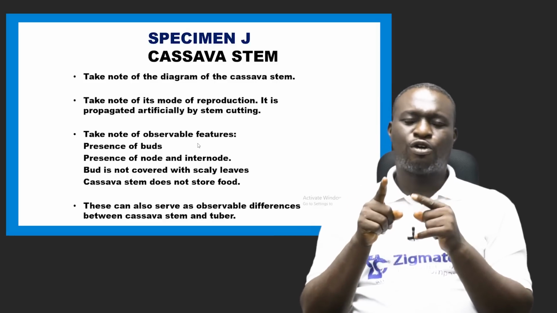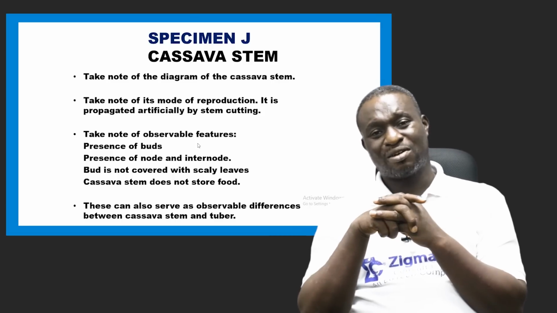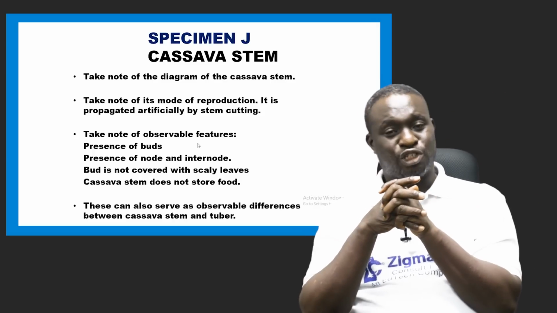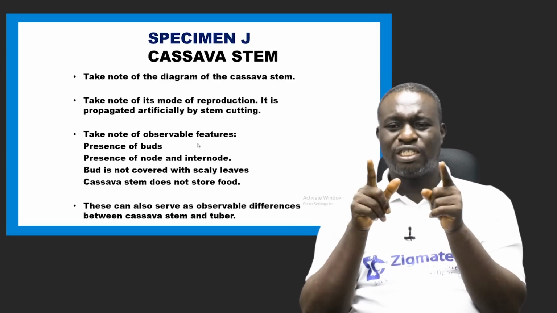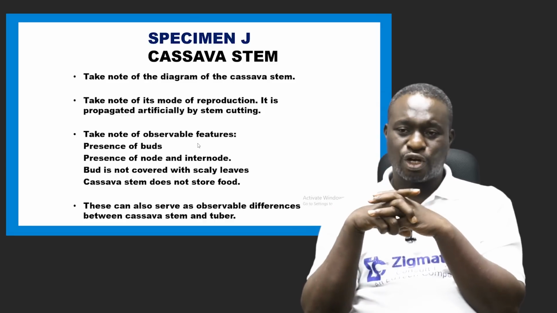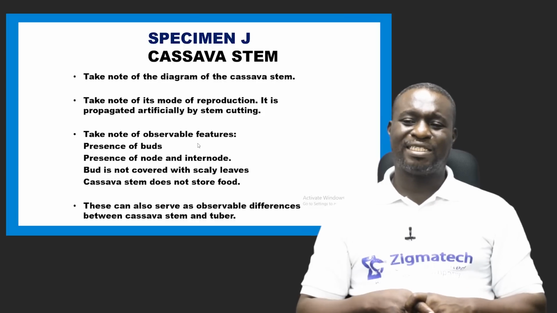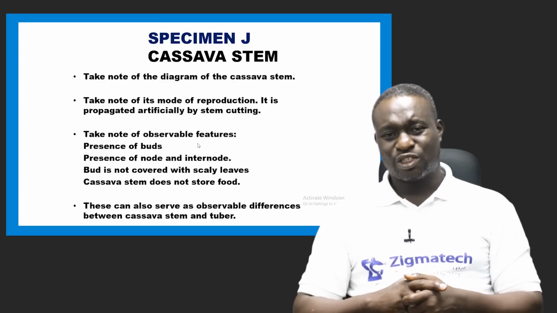Now, this can also be used as differences comparing the cassava stem with the ginger. Remember we said ginger is a stem, but ginger actually stores food, while the cassava stem does not store food. Now, these can also serve as differences between the cassava stem and the cassava tuber.